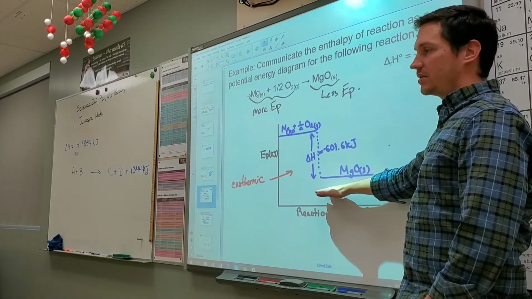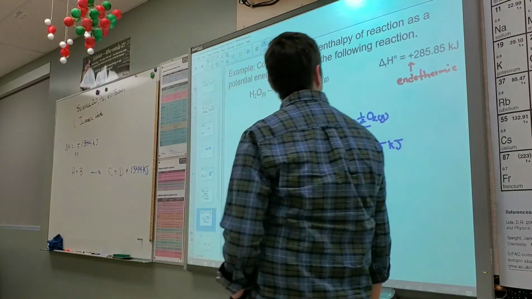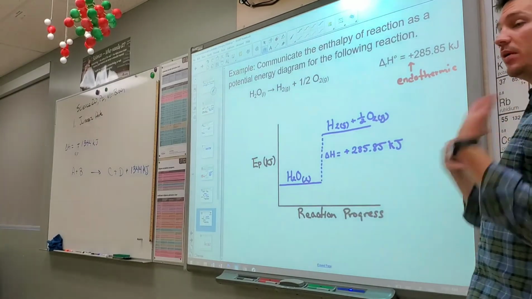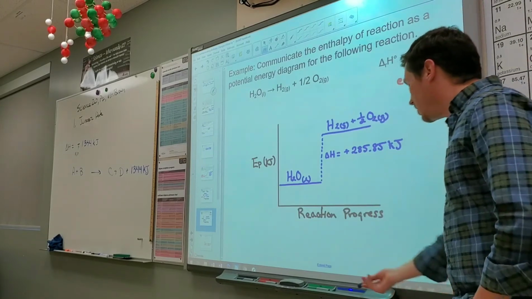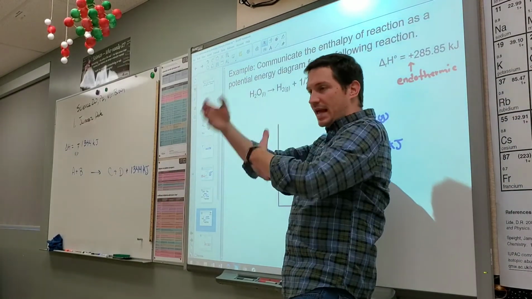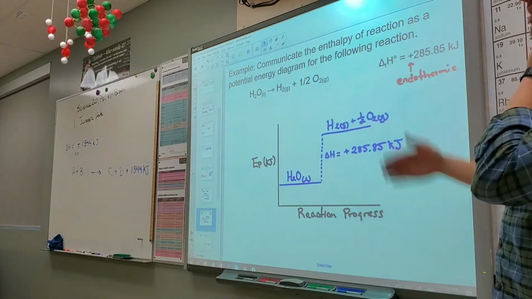Always. Here we've got an endothermic reaction, so we're absorbing energy, so we must be increasing our potential energy. When we break these bonds and rearrange the atoms to make something new, we must be gaining potential energy.